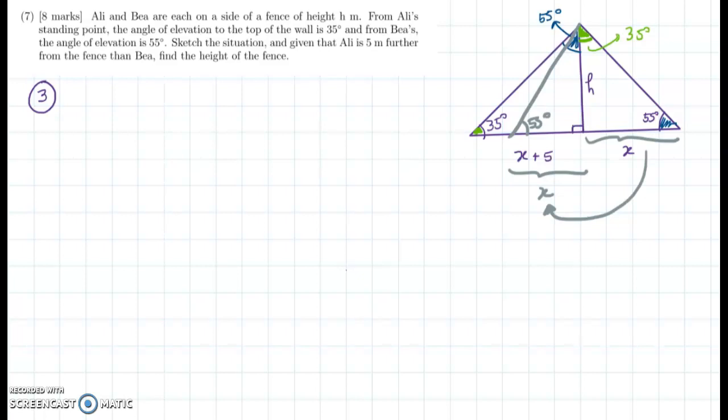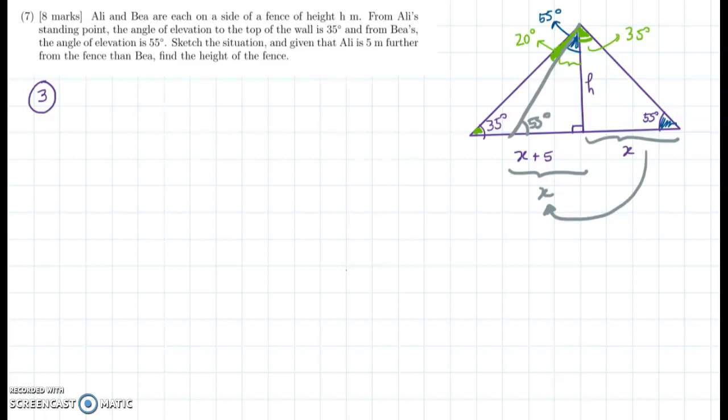Notice that by doing that, we are creating here an angle that I'm painting with green that is going to be 20 degrees, because we know that the total is 55 degrees and the part we have over here is 35.